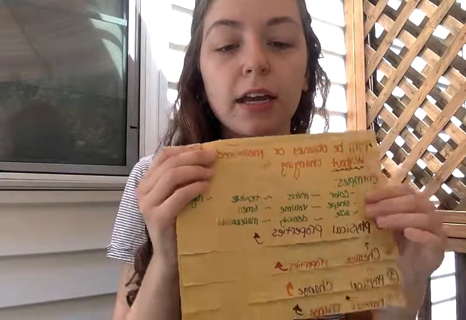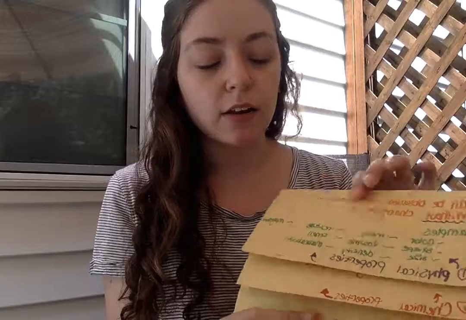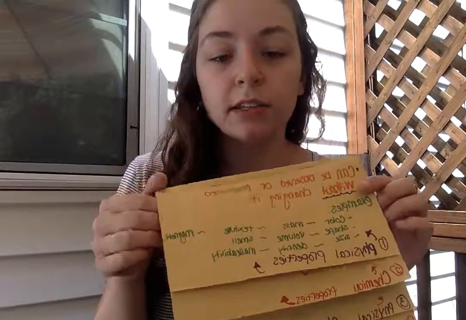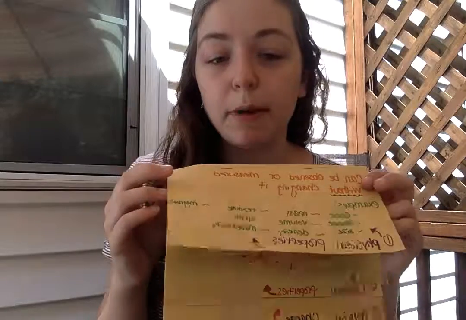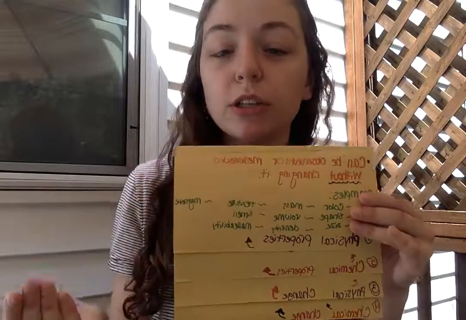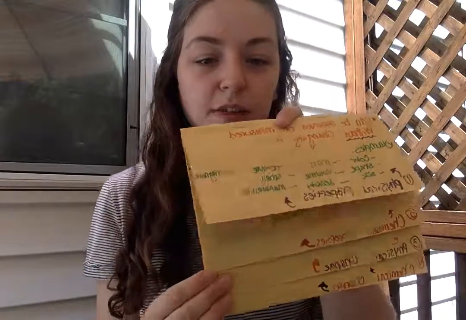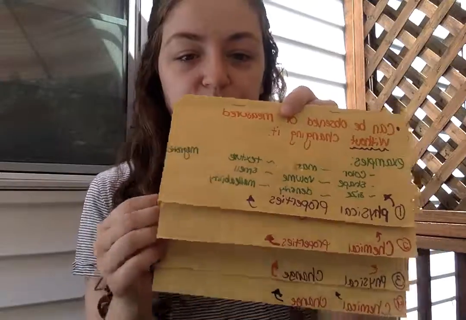It's a great interactive way to study, review material, and quiz other students. I love the idea of the book, and I love the tactile aspect to it, where you can flip up and make it as visual as you want. You can draw pictures. Students can make it their own, which I really enjoyed. So this is my science foldable.